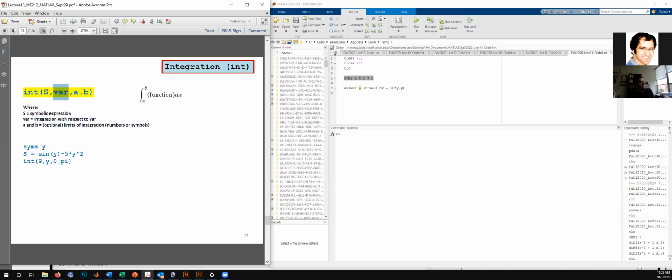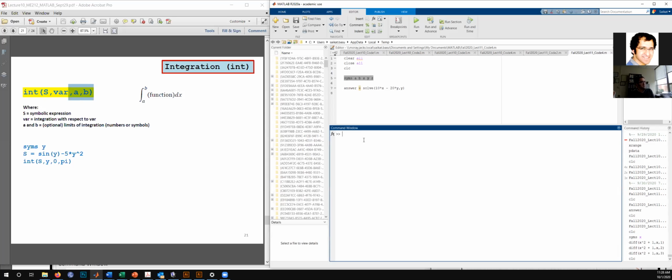This is the variable over which the integration is being done. So actually here the only variable is y. So we are going to integrate that function of y over dy. So you put in y over here and then the two limits a and b. So let's look at an example. So let's type out the same function. So we are working with x squared plus 1.